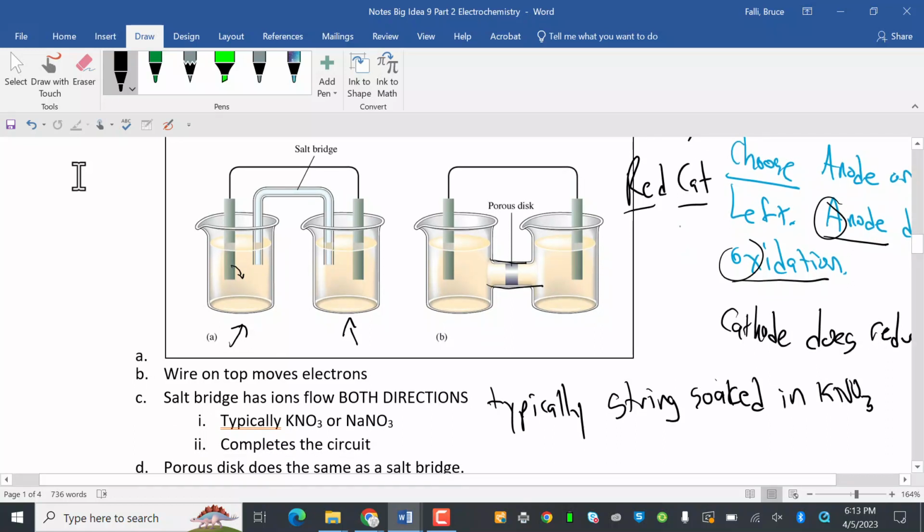Okay, so let's say we have electrons flowing this way. As soon as one electron gets here, it would be negatively charged, right? And if it's negatively charged, no more electrons would come in. So what has to happen is the negative ion, very often it's KNO3 or NaNO3, will complete the circuit and go into that solution.